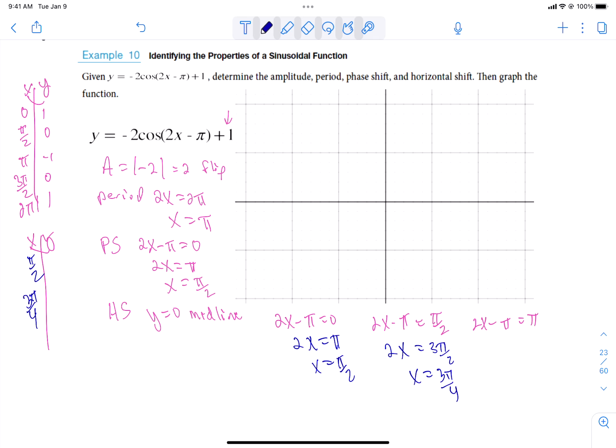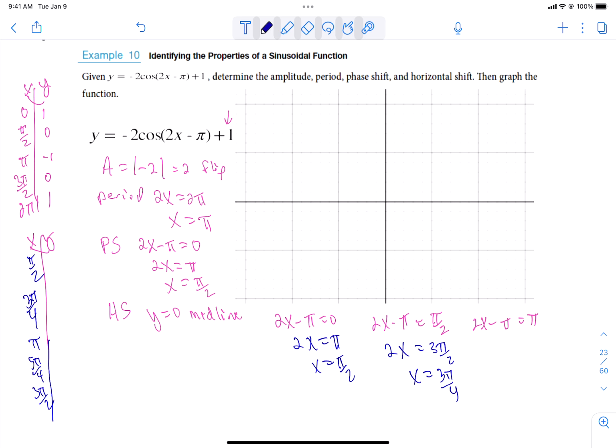You might have to pause it because the bell's going to ring shortly. We're counting by pi over 4s. The next one, if you do it, you're going to get pi, and then 5 pi over 4, and then 3 pi over 2. And that's all of them.